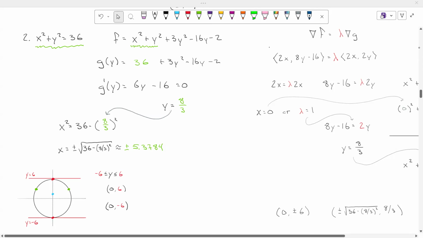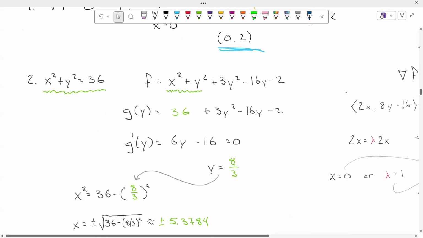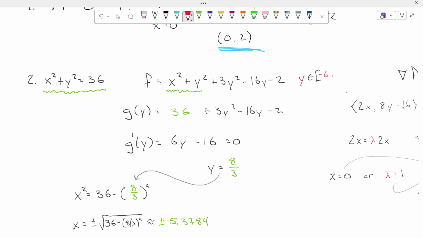So, to add a little bit more detail to this maximum minimum problem we were doing, we very briefly touched on it in class, but we needed to add the restriction that y, over here, and I liked it in red, needs to be in between its maximum and minimum values, which are negative 6 to 6.